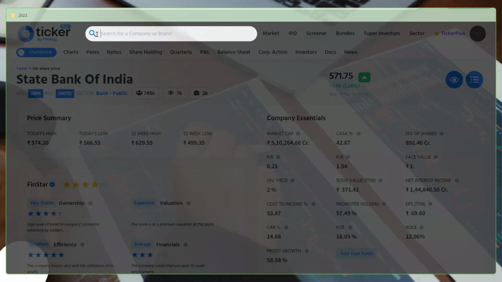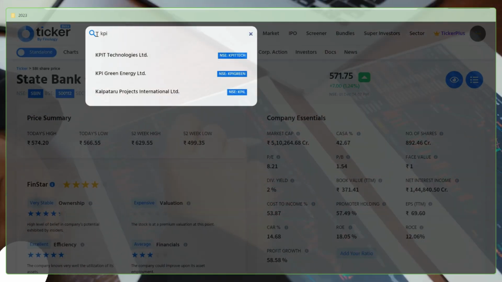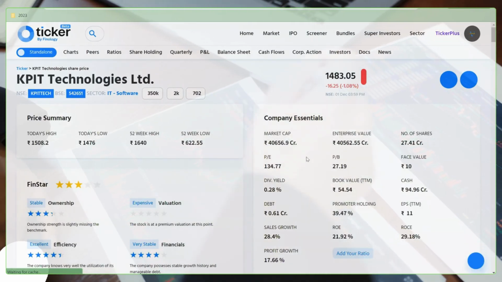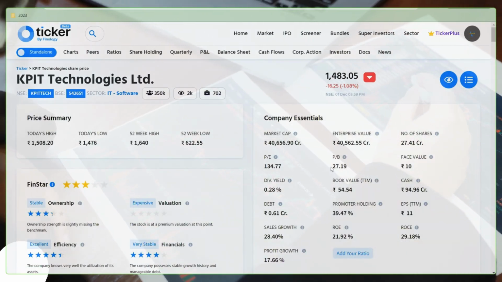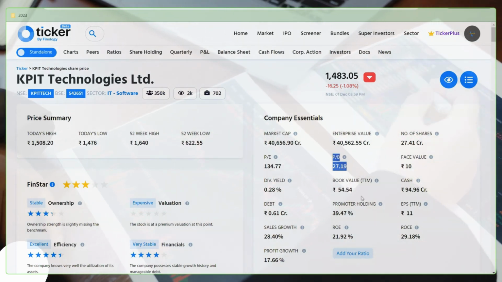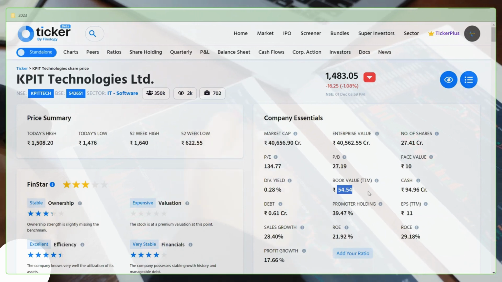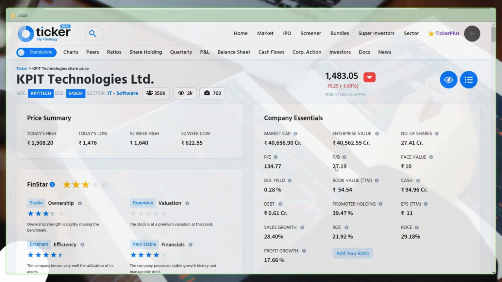And if you see Infosys or other companies, say KPIT Technology, it is trading at almost 27 times its actual value. Yes, 54 rupees is the book value, and it's trading at a PB ratio of 27.